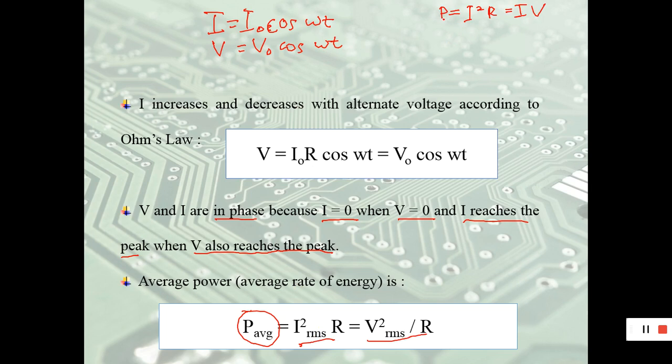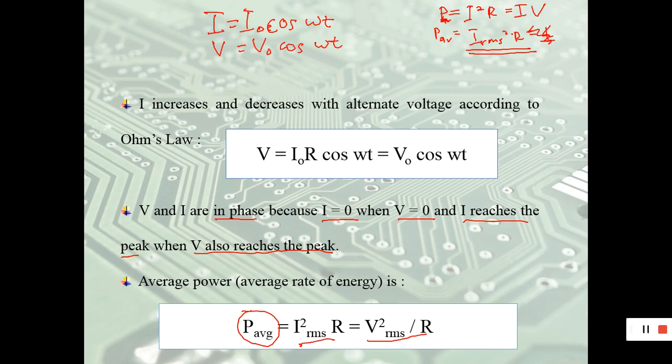But if you want to find the average, P average will be I RMS squared times R. I will use this equation first, I don't want you to be confused.